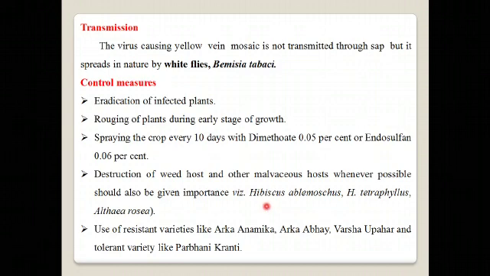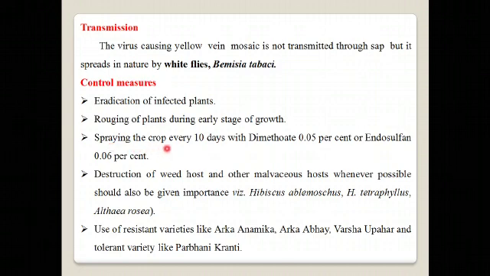Okay, then suppose the whitefly population increases in the bhendi fields.